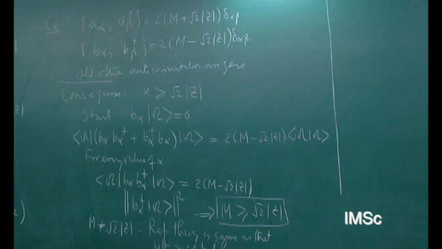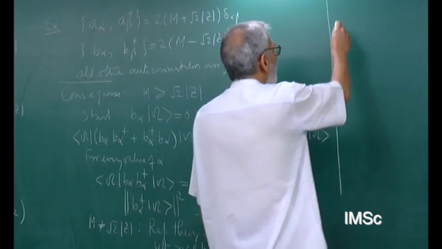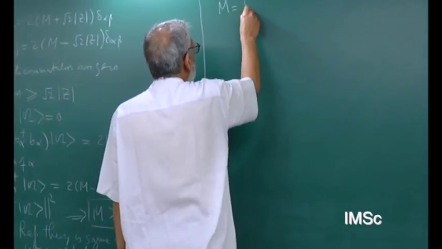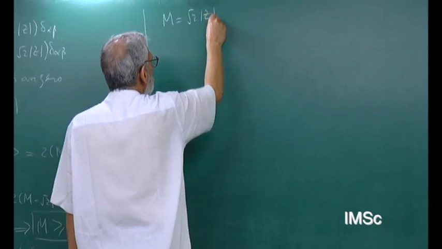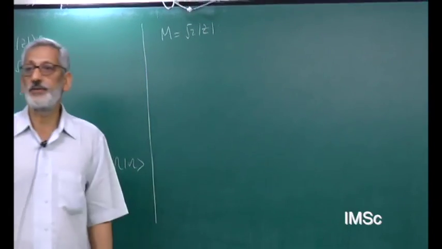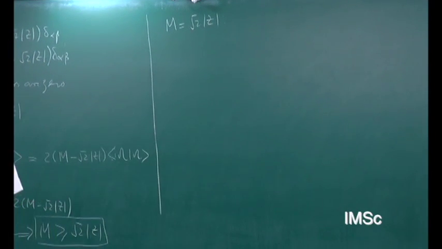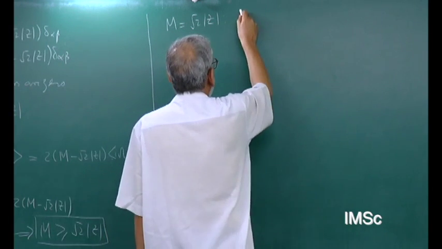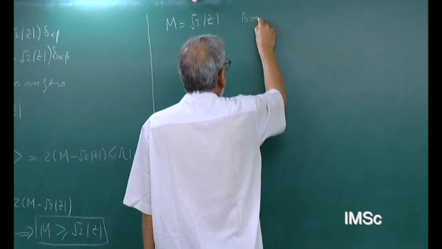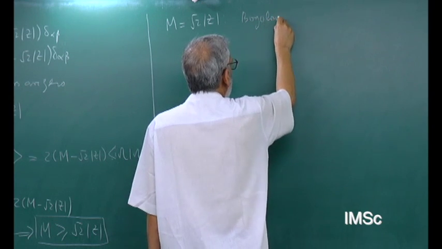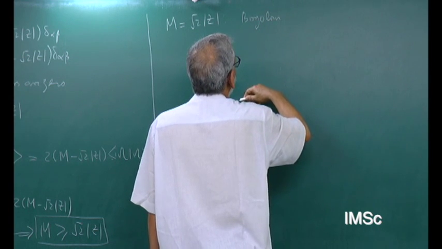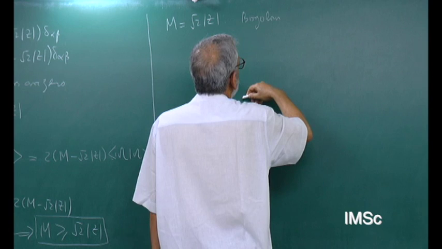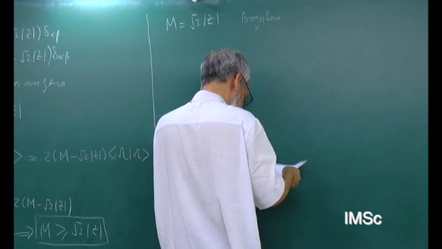But when m is equal to root 2 mod z, the representation changes. And when m is root 2 mod z, there is a name given to these states. These are called Bogomolny. How do I spell it? I always have a problem.